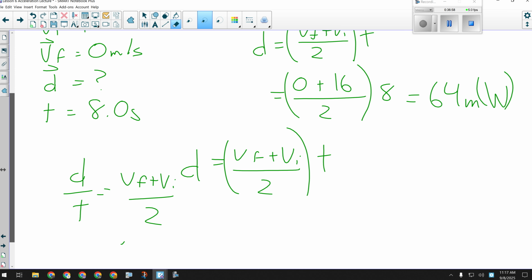Now, I don't need the brackets anymore, do I? T is gone, so brackets are unnecessary. I want to isolate VF. What do I do with the 2? Multiply. Okay? And then what do I do with the other V? Well, they're both going to be subtract, right? Because here I'm adding. Right? So I just subtract whichever V I'm not looking for. Right? Move it over to the other side.